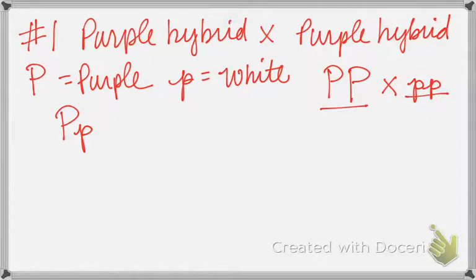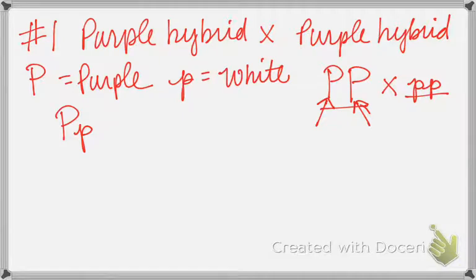Now we have some really fancy words, and you're going to be taking notes on this later, but we have some fancy terms. Remember, we're talking about a homologous pair, and in order to be big P, you got the big P from one parent and the other big P from the other parent.